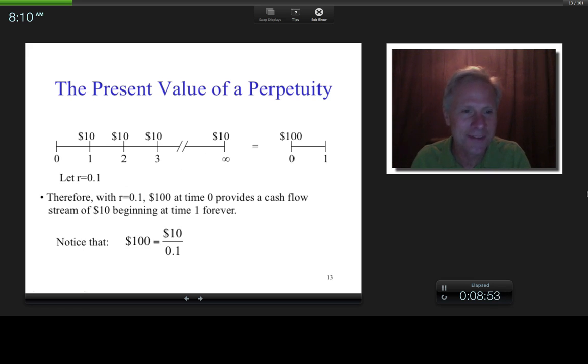Well, notice that the $100, the present value of the perpetuity, that's what we call this, is the $10, these equal cash flows, divided by 10%. By the way, notice that the solution is at what time period? Time 0, right? And at what time period is the first $10? Time 1, right?